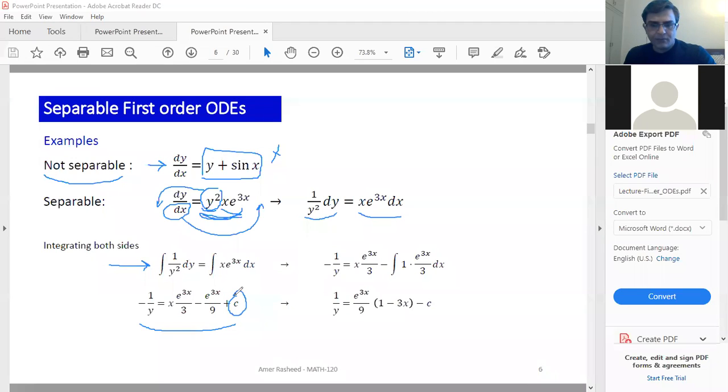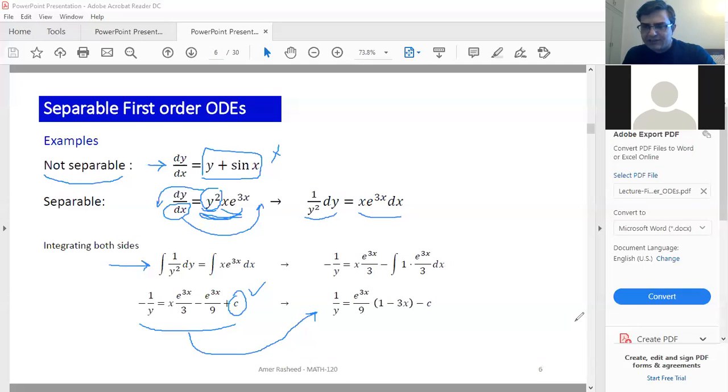Now, we try to express this as an explicit function of x. If we can, then we obtain an explicit solution of the given differential equation. Otherwise, we can stop here and say that this is the solution of the differential equation. It could be explicit, it could be implicit.